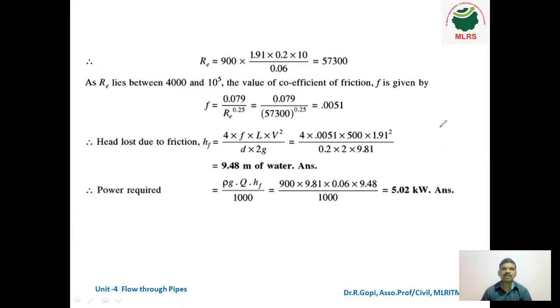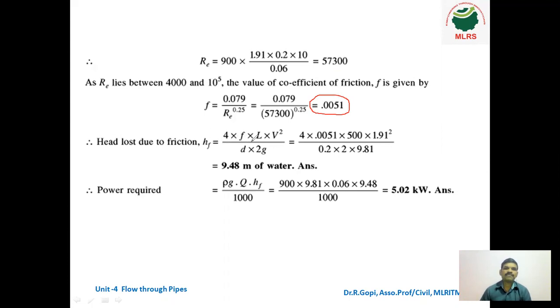So 0.079 divided by Re, which is 57,300, power 0.25. We got coefficient of friction as 0.0051. Next, what is our ultimate aim? To find head loss due to friction.